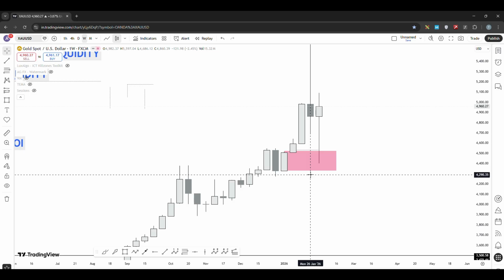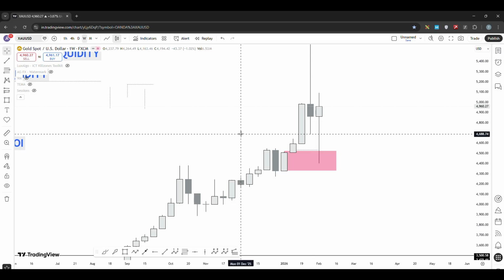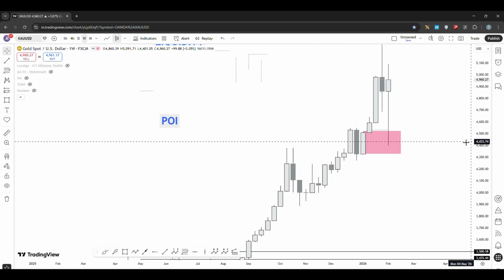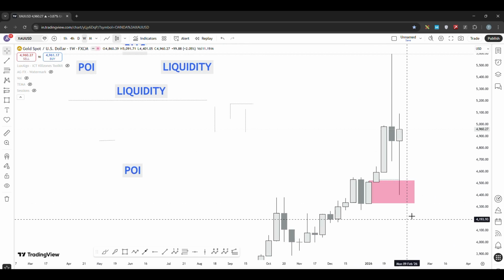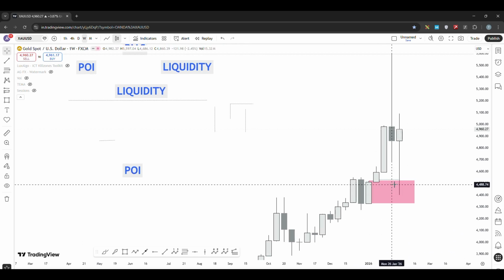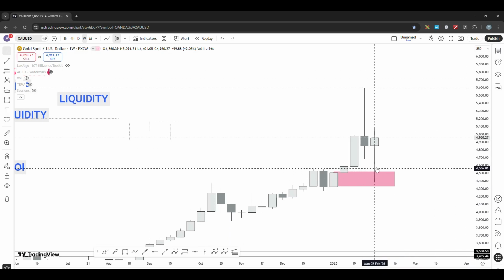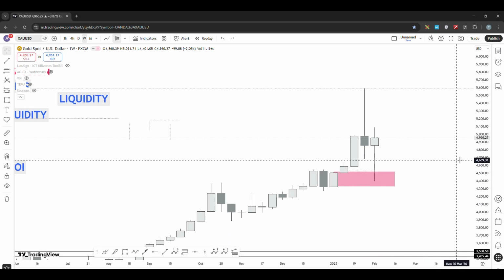Then you can say that yes, market has become completely bearish. Till then, if 1-hour POI does not hold, you go to the 4-hour. If 4-hour does not hold, you go to daily. If daily does not hold, you go to the weekly. And this is how you do your analysis, and you look for reactions from the zones, and you look for your entry, and you target the liquidity of the same time frame.